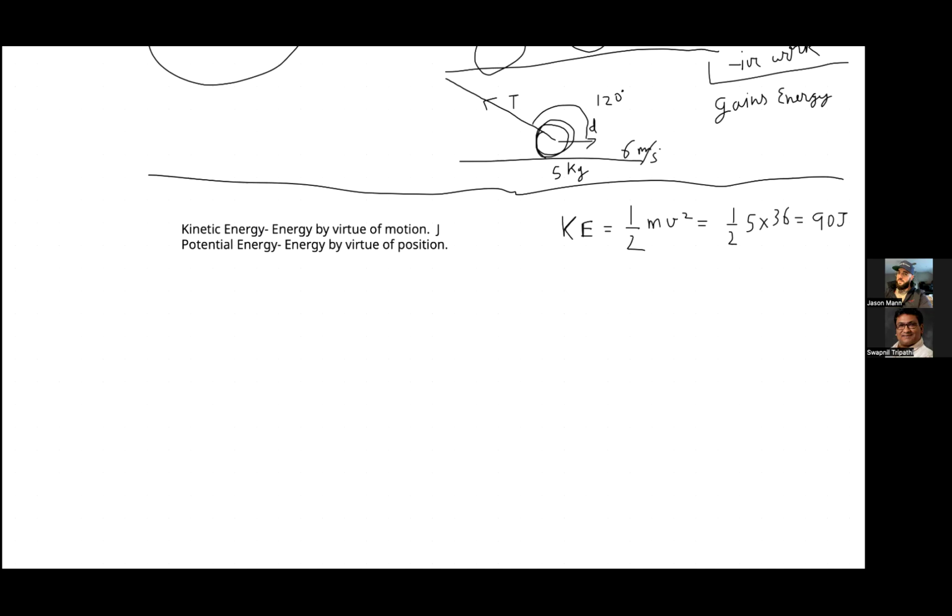Then there's potential energy. Potential energy is further subdivided into two kinds. One is gravitational potential energy.